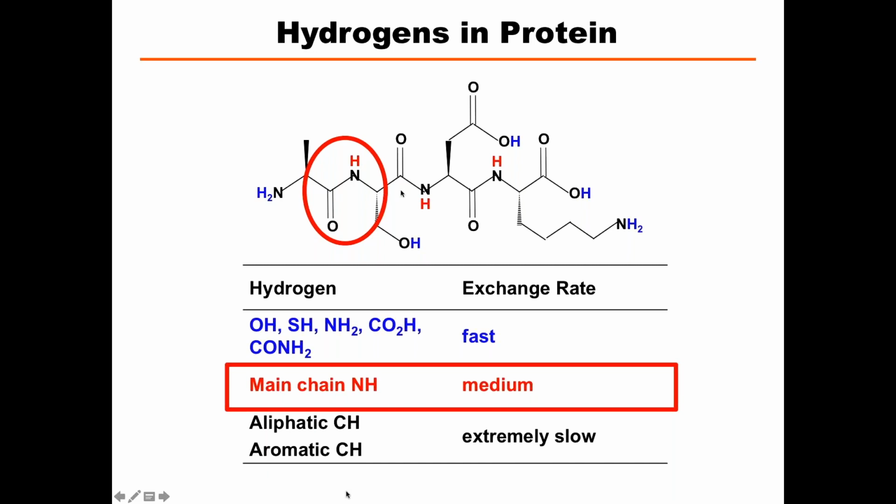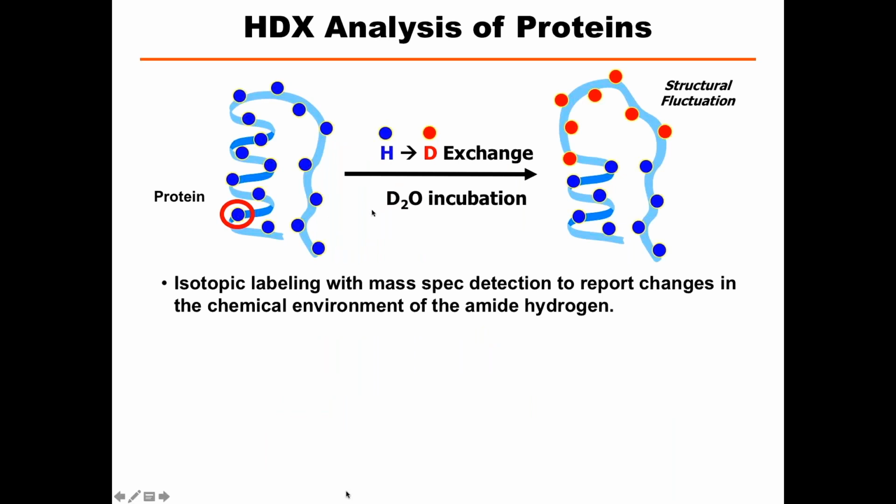It'll become clear why: while we're labeling all these other protons, they're going to exchange out before we get to measure them by mass spec, so they're basically going to be invisible in the experiment. As I mentioned, the idea is to isotopically label the protein and then do mass spec detection to report changes in the chemical environment of the amide hydrogen. As it undergoes exchange fluctuations, it reports back information about that region of the protein.